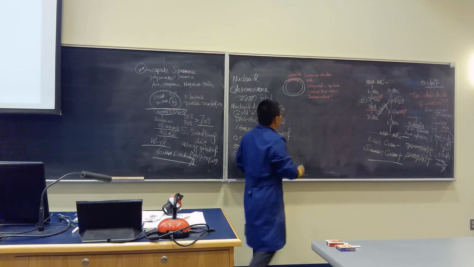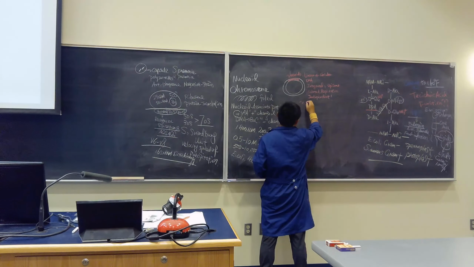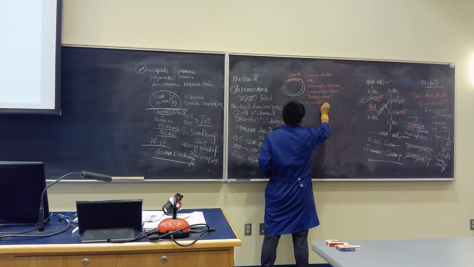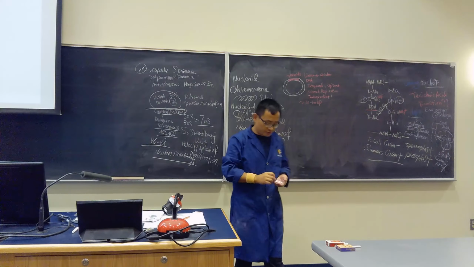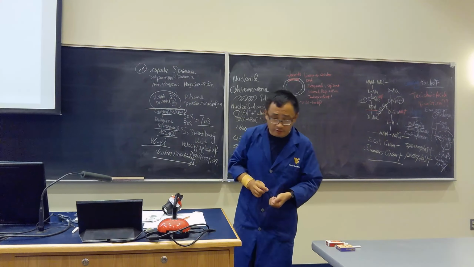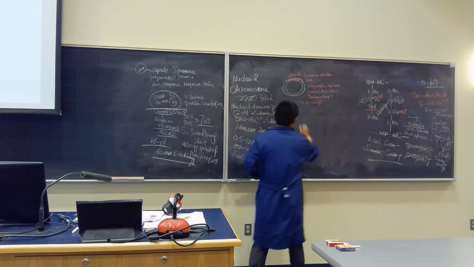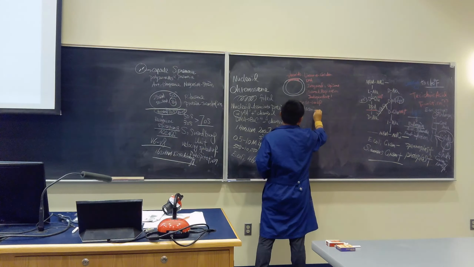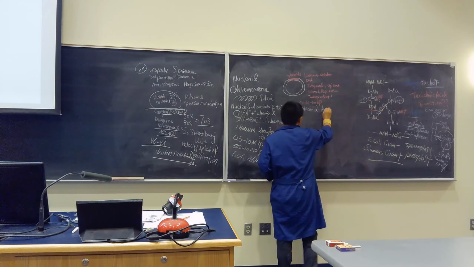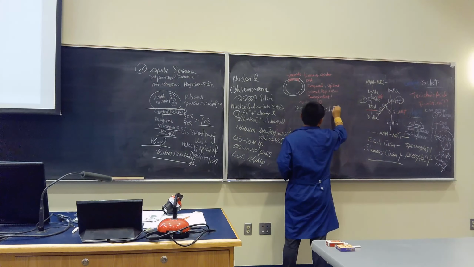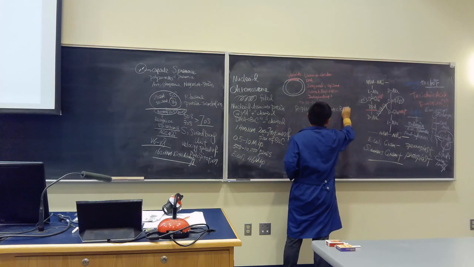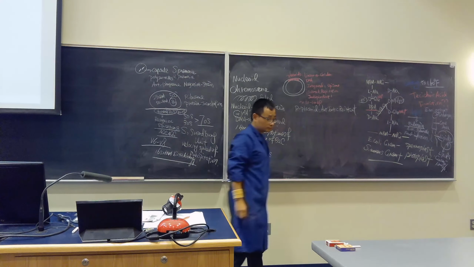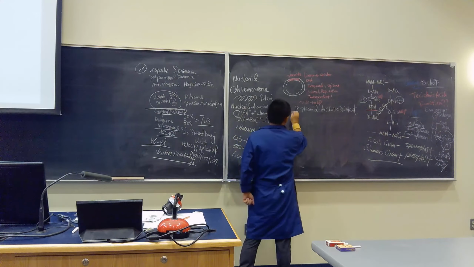The plasmids, most of the time, are around 30 to 100 base pairs. But I want to tell you one thing: some of them carry very important information. For example, the R plasmid is basically responsible for antibiotic resistance. That's called an R plasmid.